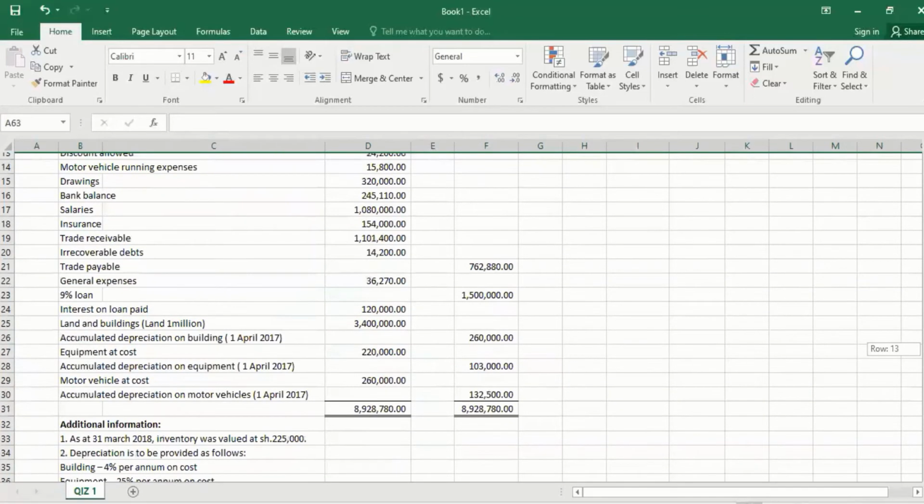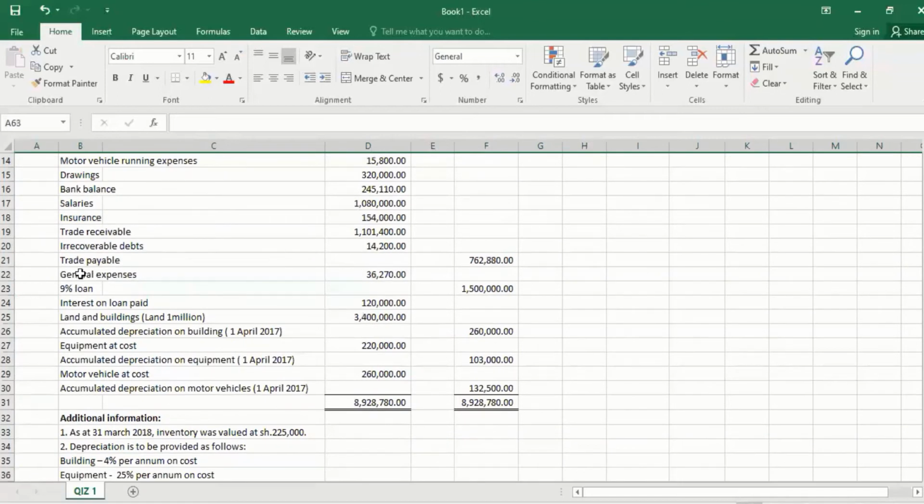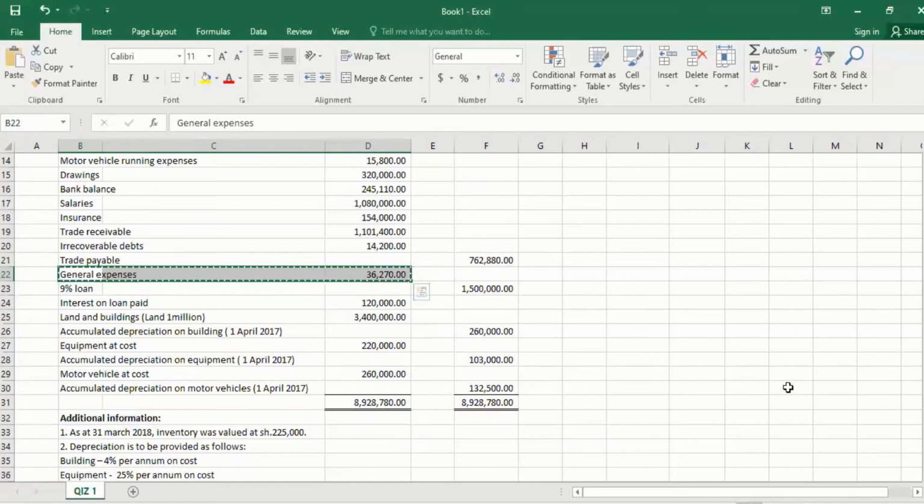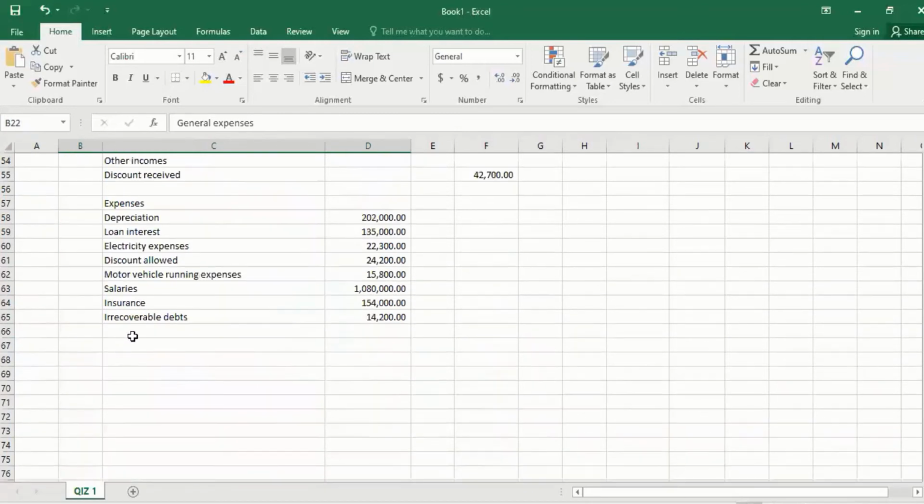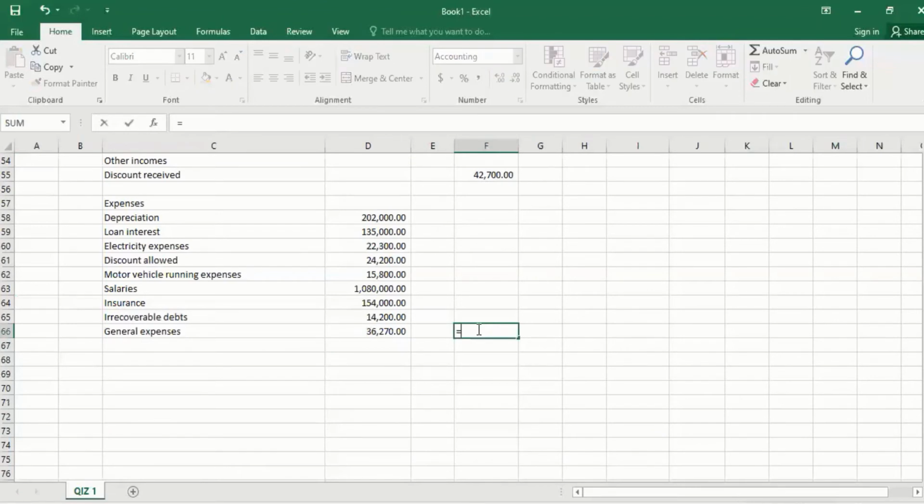And I can see general expenses. I have not copied this one. So I can copy that one and paste it here to make my work easier. Then I can have the sum of all this. So see, this will be easier.